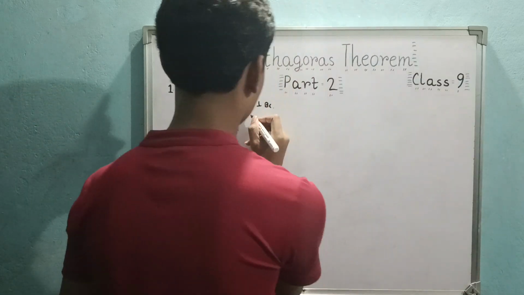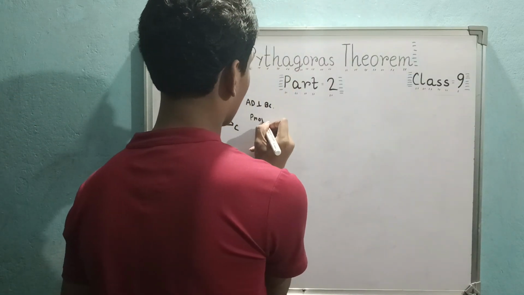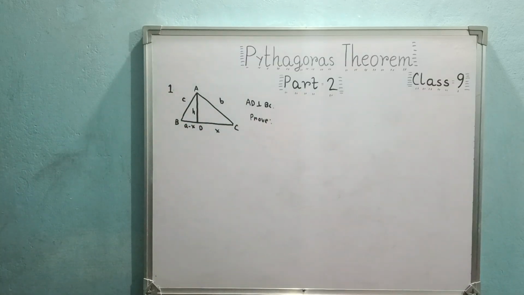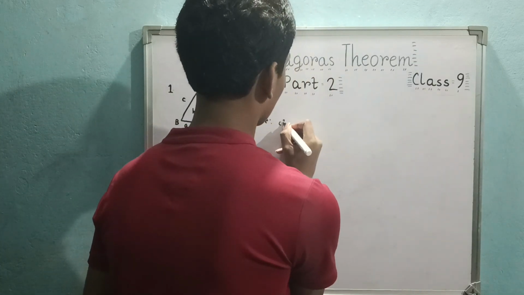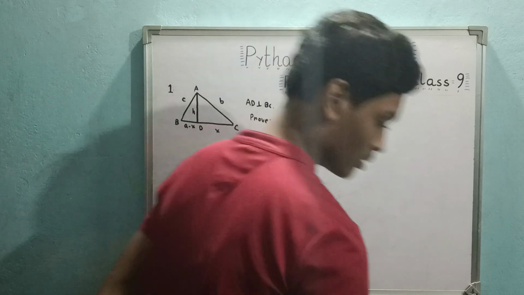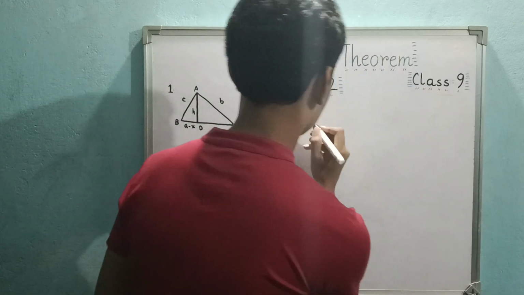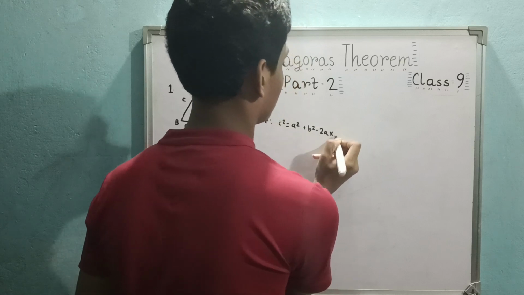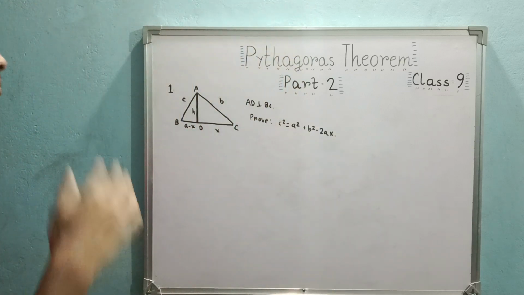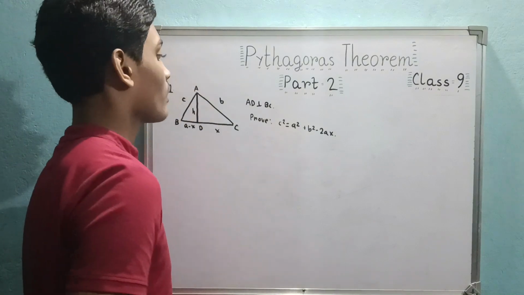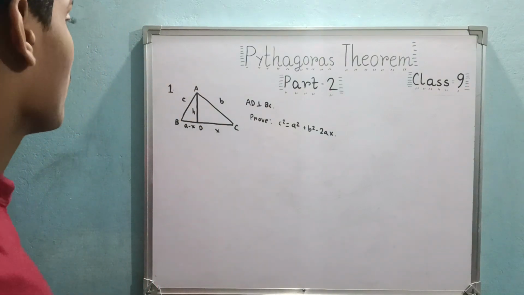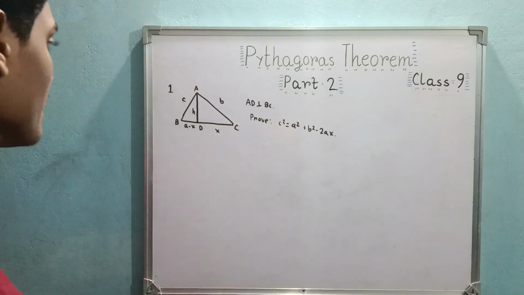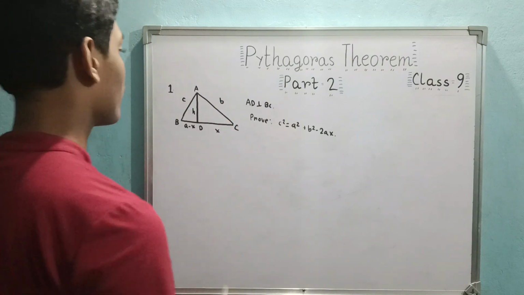Prove that C square equals A square plus B square minus 2AX. That's no issue. What we are going to do is, first see this triangle ACD, it's a right angle triangle.